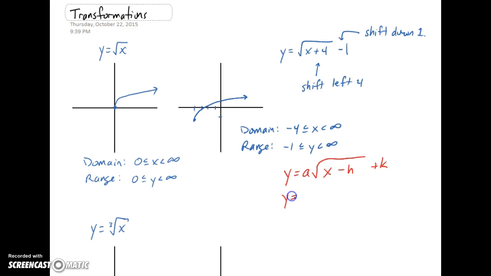If we write it using exponent form, it would be y equals a times (x minus h) to the 1 over n plus k. And by the way, that n is really the index there. If I don't write the n, that means the square root. Here I have to write the n as 1/2 if I want to do that. But that's the two forms for the same kind of functions. It's the root function, which can be written as an exponent with that 1 over a number in the exponent.